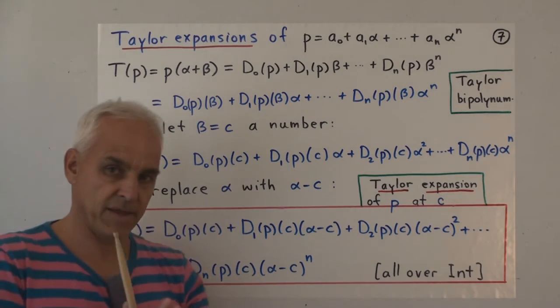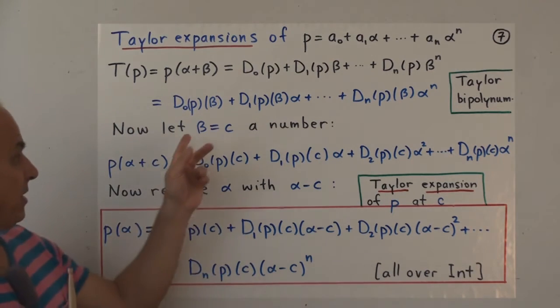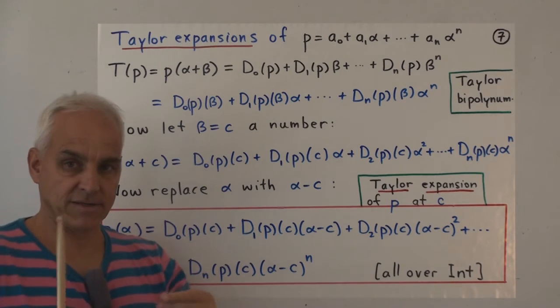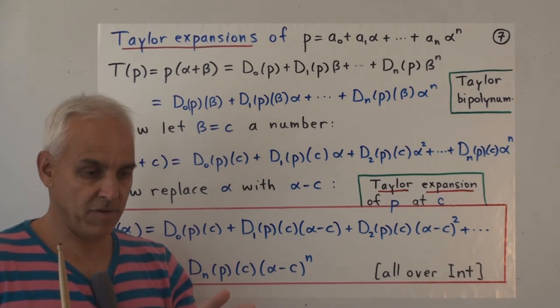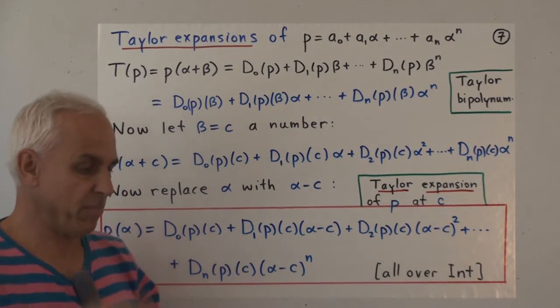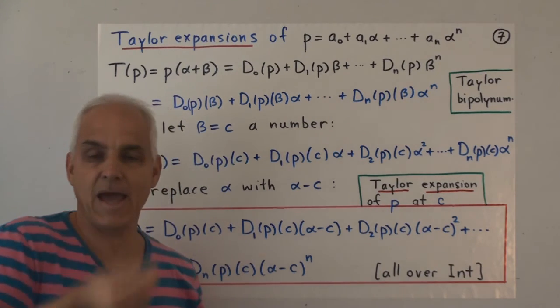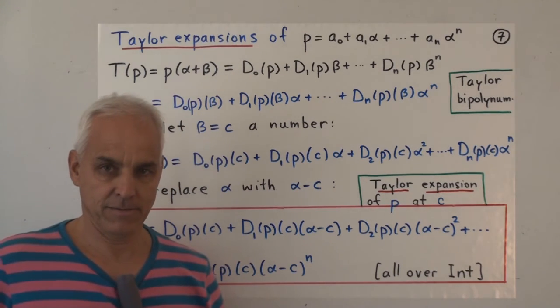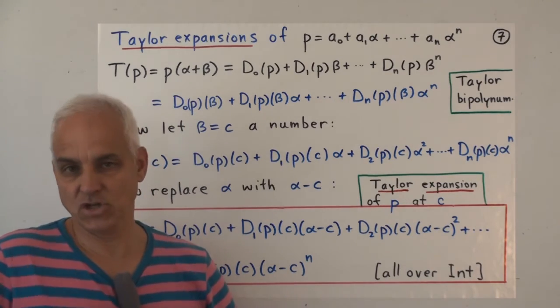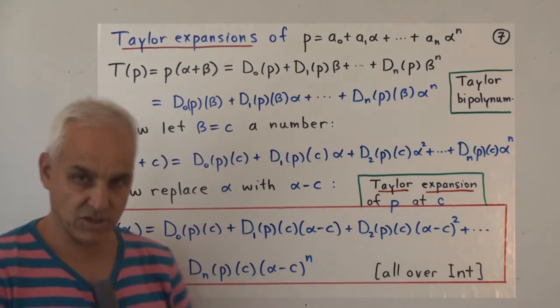Okay, so what did we do then in our examples? Well, we let beta be now a constant number. Instead of being a polynumber, we're evaluating it at a number c. c is for us an integer, since we're working here all over the integers.